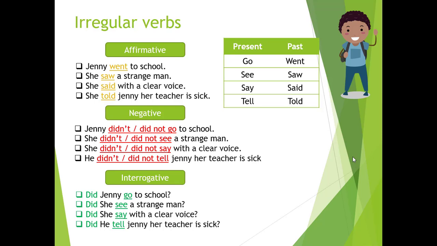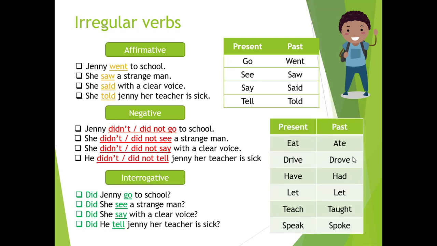Now, in English, we have a lot of irregular verbs that are very, very important to remember and to memorize. For example, we have eat, ate, drive, drove, have, had, let, teach, taught, speak, spoke.